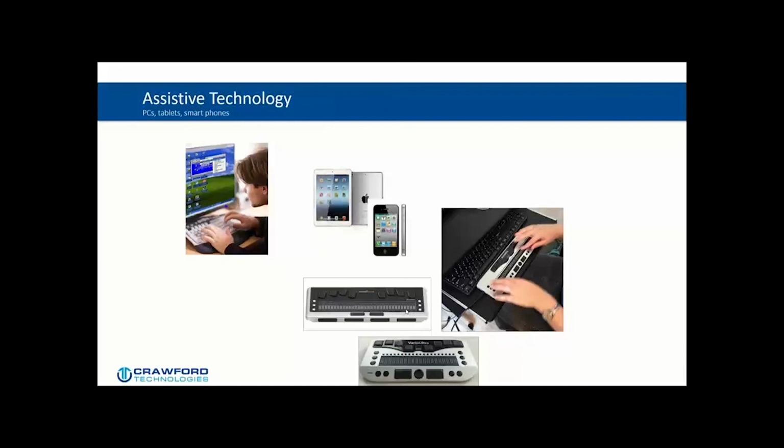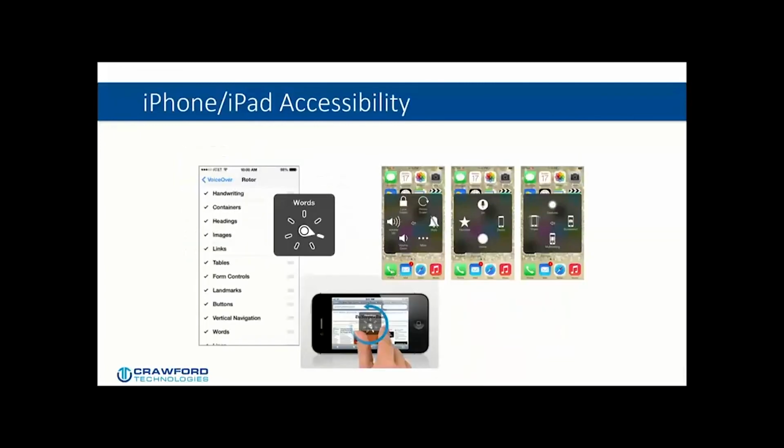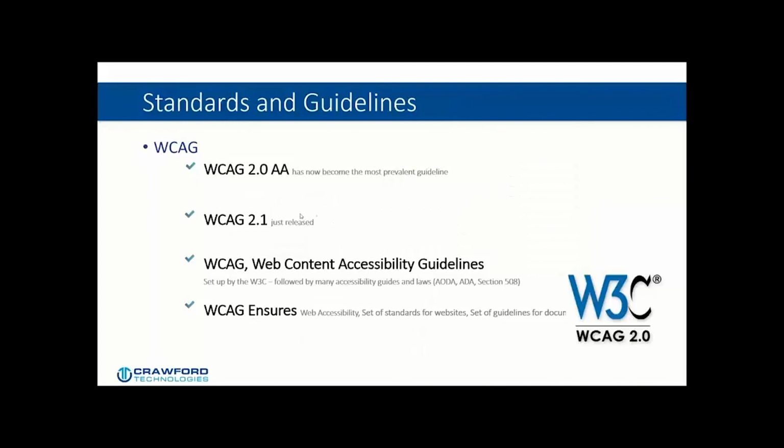These are critical tools for those who have low vision, are blind, or even have a cognitive disability to use to navigate, without a mouse ultimately, content that is out in the digital world. So we talked about the iPad and iPhone, using tools like VoiceOver and the dial and so on. But these are some of the critical guidelines that Mike has gone over.